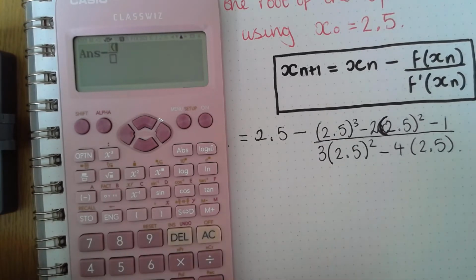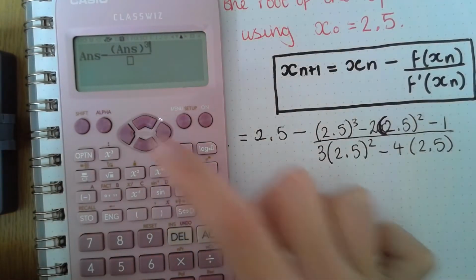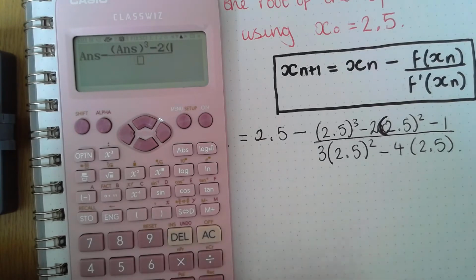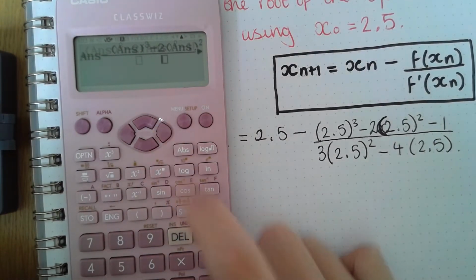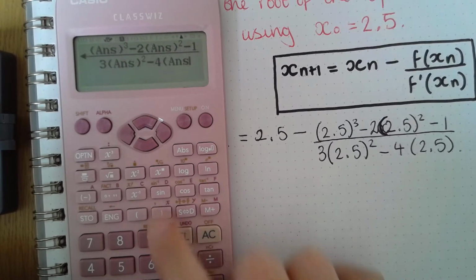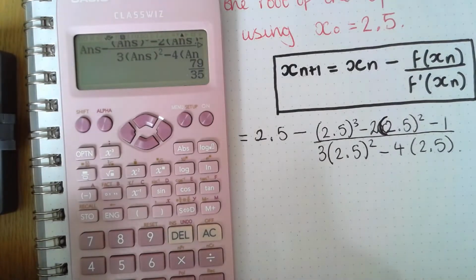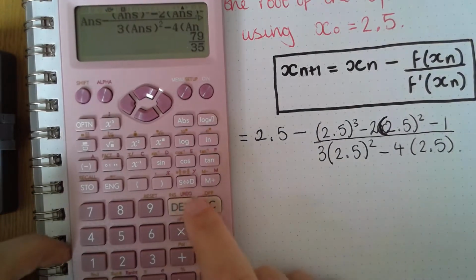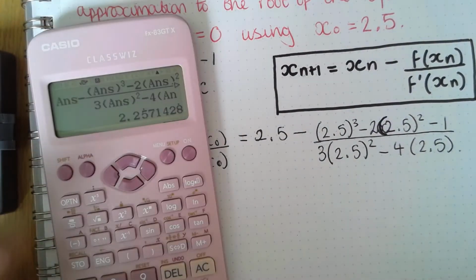We've got the answer cubed, take away 2 lots of the answer squared, take away 1, divided by 3 lots of the answer squared, take away 4 lots of the answer, equals. Okay, so change that to a decimal.